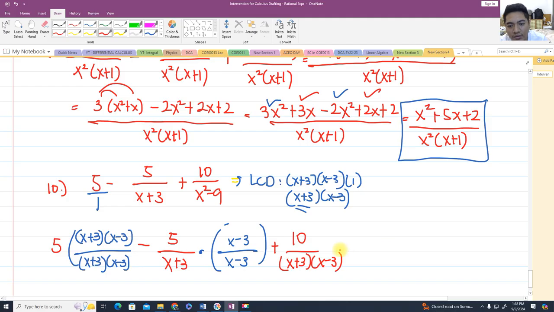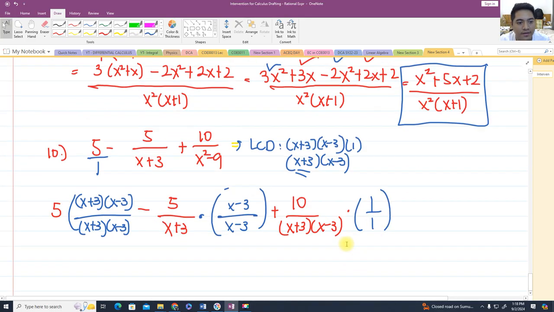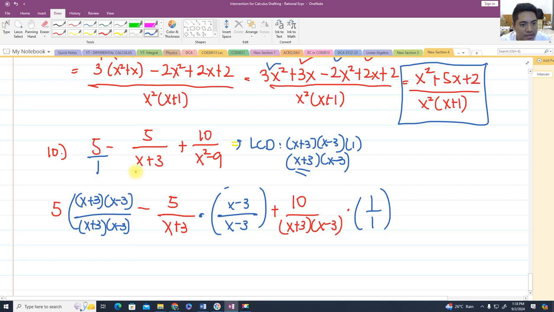So no need to do here. Just multiply it by, of course, 1 all over 1. So that's it. If we do this, that would be 5 times x plus 3, x minus 3, all over x plus 3, x minus 3.